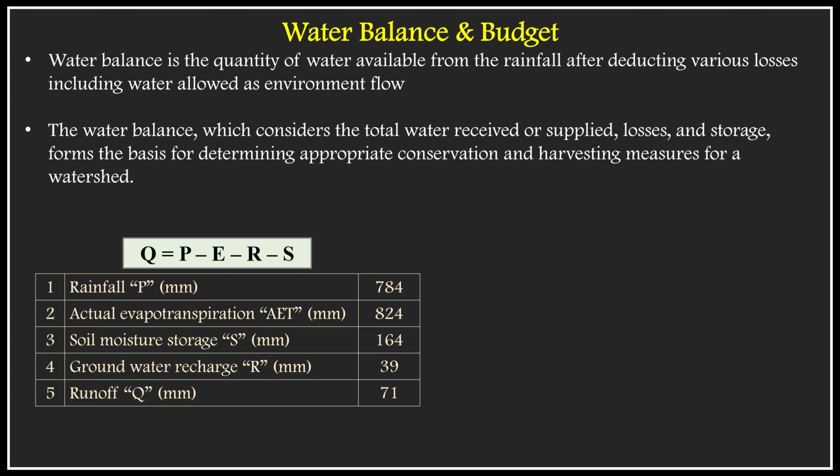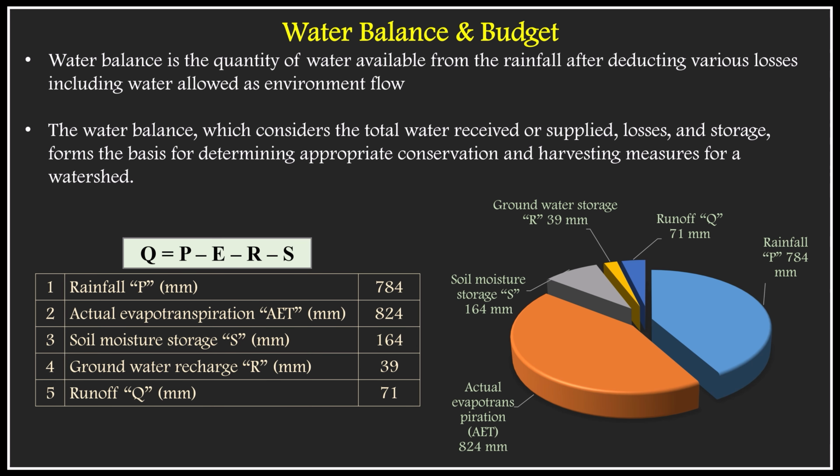Water balance and budget. Water balance is the quantity of water available from the rainfall after deducting various losses. And if you look at the table, out of the total 784 mm rainfall, only 71 mm is lost as runoff, and the same is depicted in the graph.